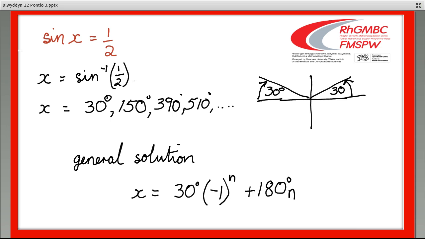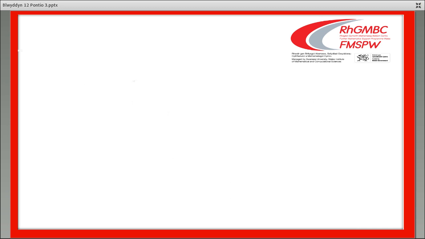So if we move on and look at the next one, which was cos x equals a half. So now we've got cos x equals a half. I've tried to pick the numbers so that they're relatively straightforward.